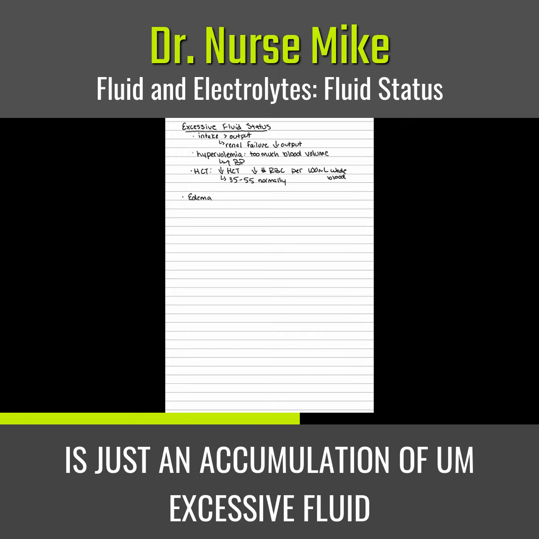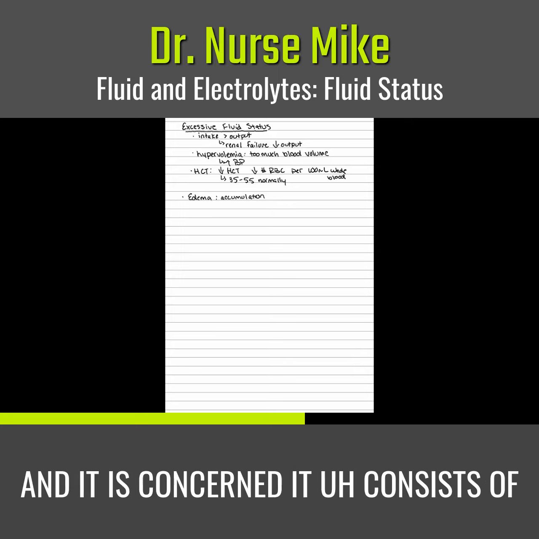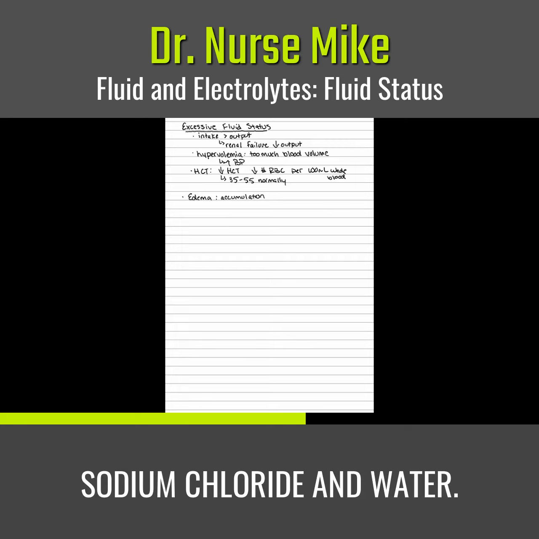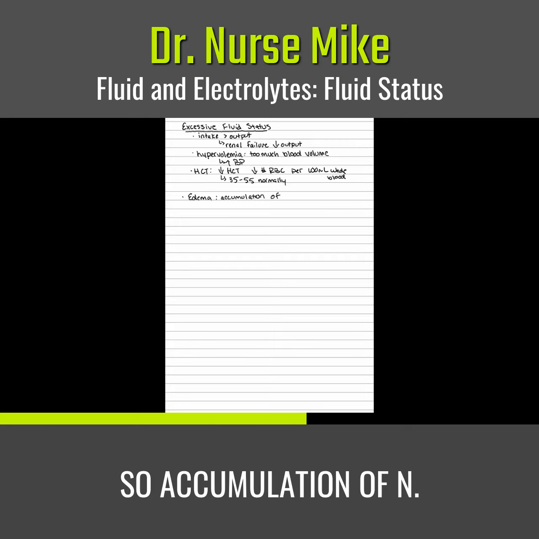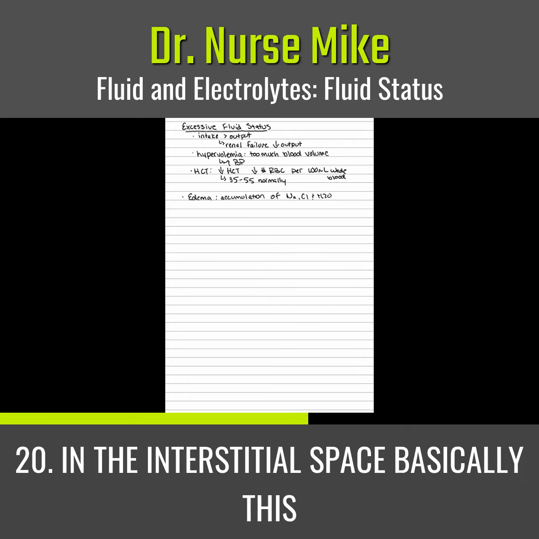That is just an accumulation of excessive fluid outside of the cells, typically in the interstitial space, and it consists of sodium, chloride, and water. So accumulation of NaCl and H2O in the interstitial space, basically.